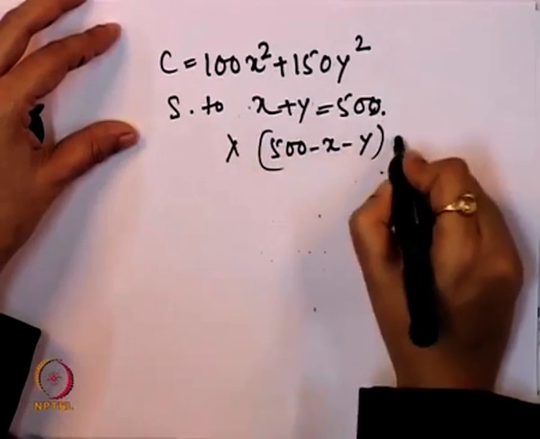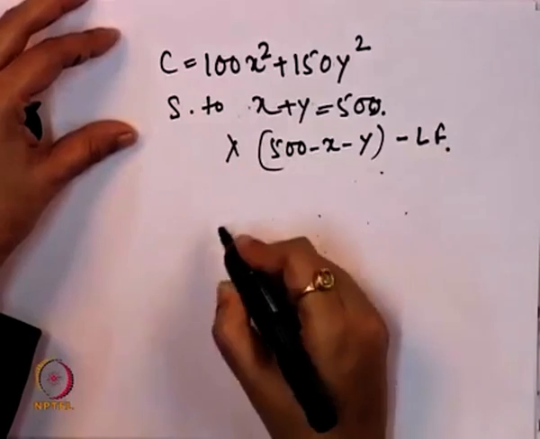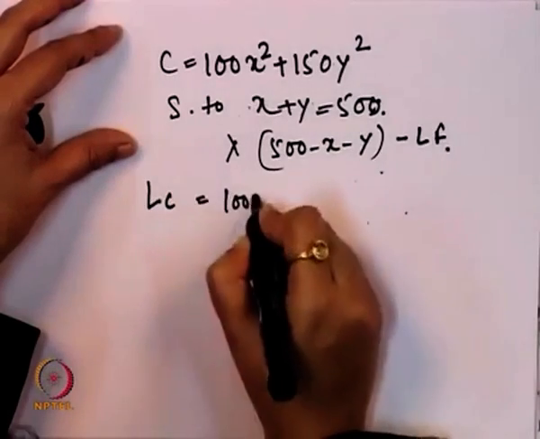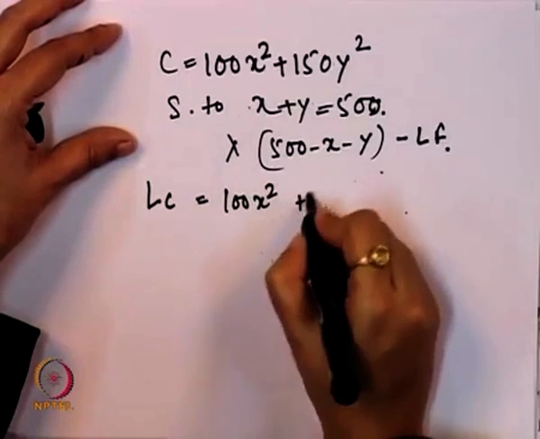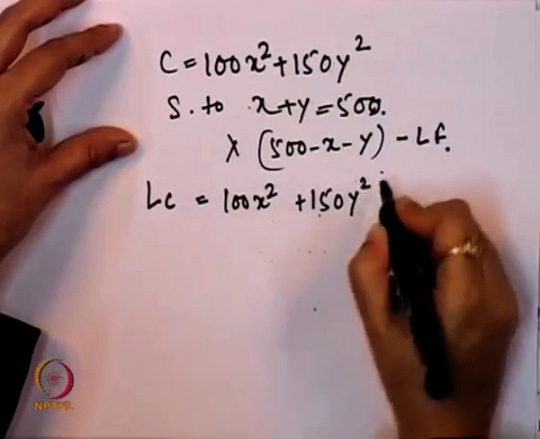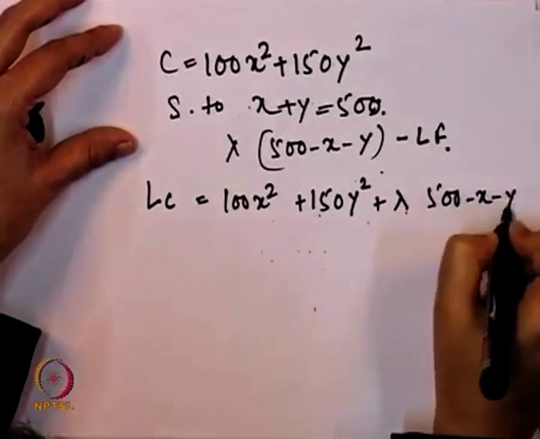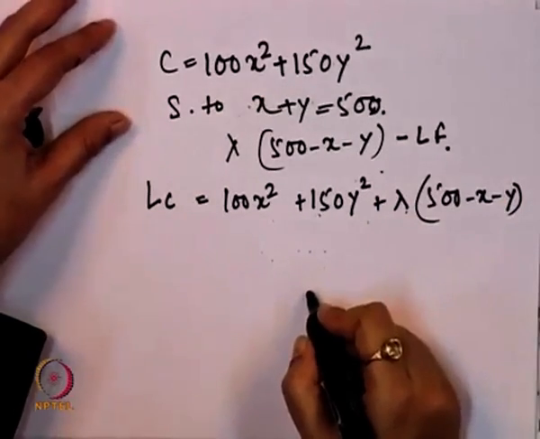So, this is our Lagrangian function. Taking this, our Lagrangian cost function is 100x square plus 150y square plus lambda times 500 minus x minus y. Okay.